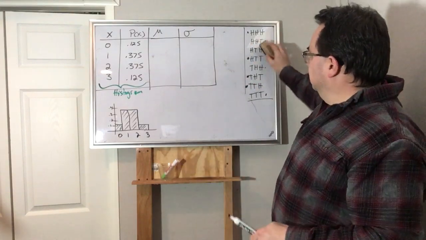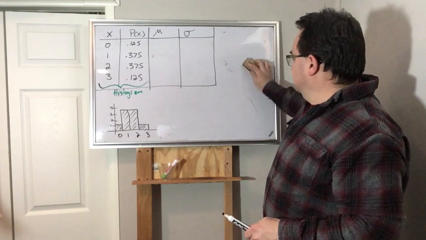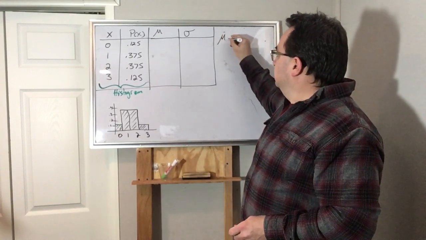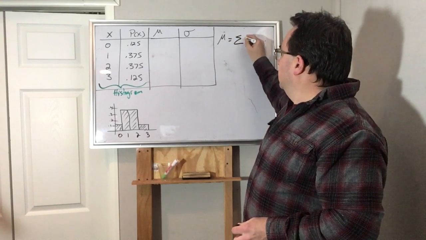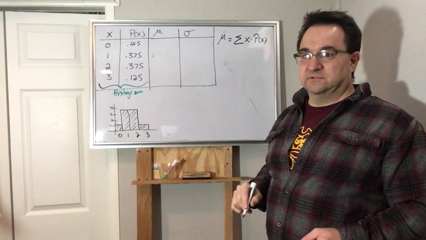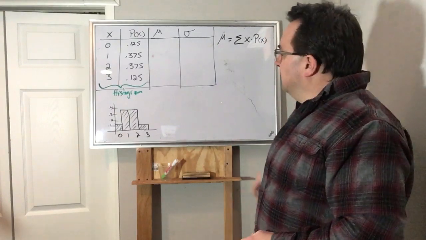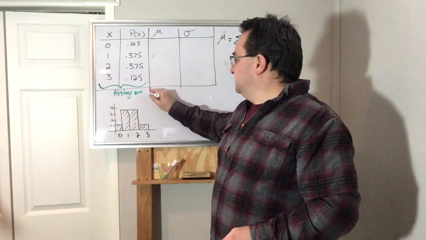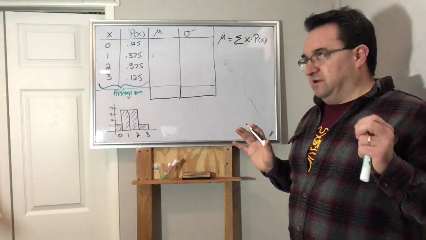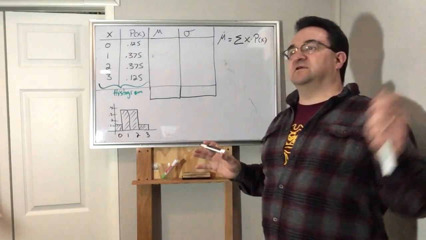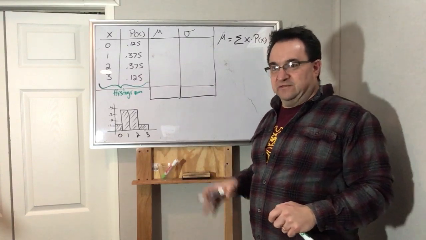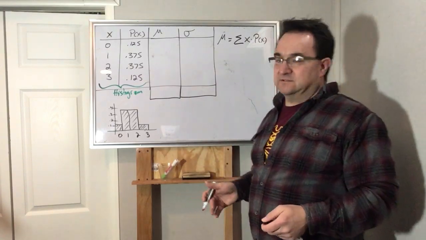I'm going to get rid of this. Now that we have our data, we don't really need to see the sample space anymore. The mean is the sum of all the x times p of x's. So let's just do that for a minute. Now the way I would set this up, for when you're doing this on the test and doing your homework, not all your professors are going to have you do this, but I think this is a nice way to arrange it to make sense.